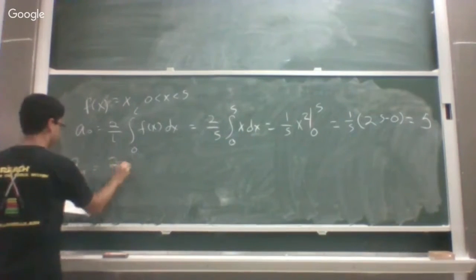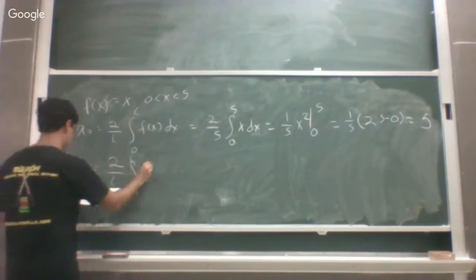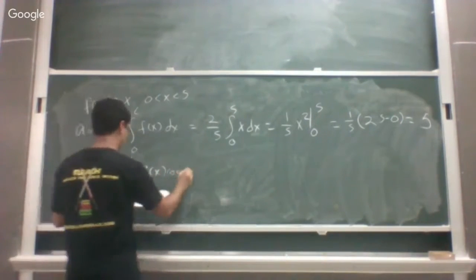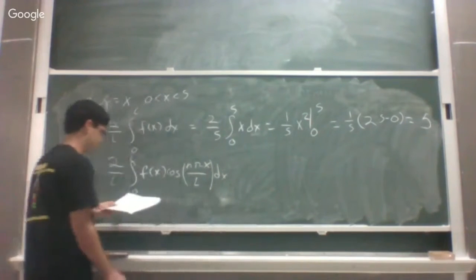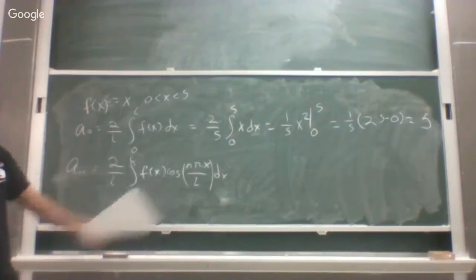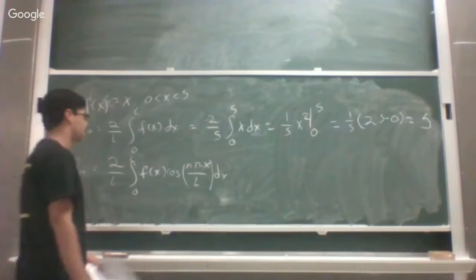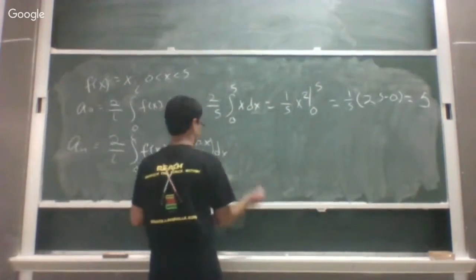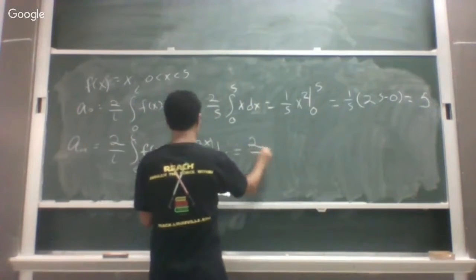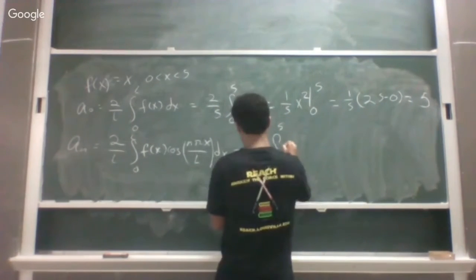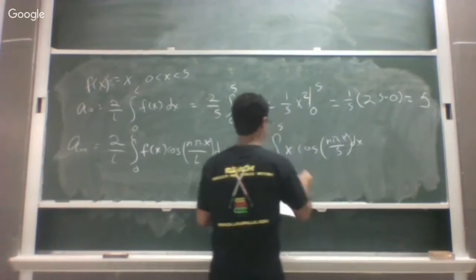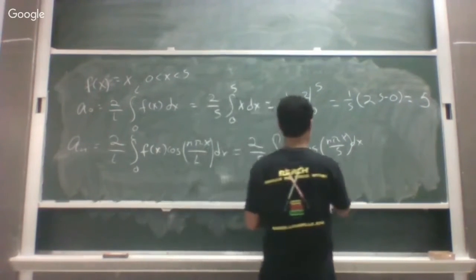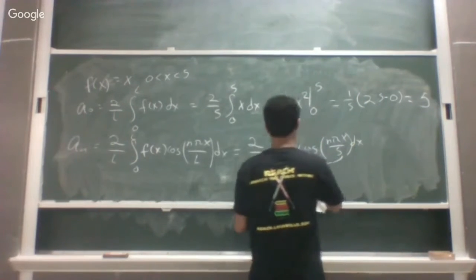A sub n is 2 over L, going from 0 to L, f of x cosine of n pi x over L dx. Now we know, since it's f of x times cosine, it's going to be integration by parts. So that's equal to 2/5, going from 0 to 5, x times cosine of n pi x over 5 dx.